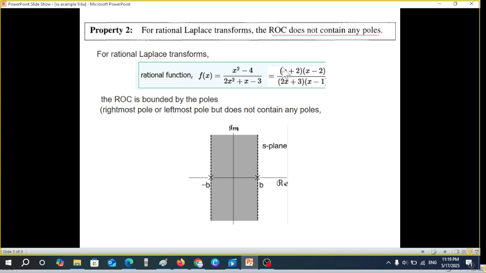The same will be here: if it is a rational function and we have two poles, then our ROC will be in between the two poles. This is what he's saying, that there is no pole in the ROC.